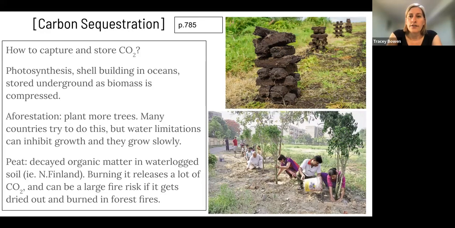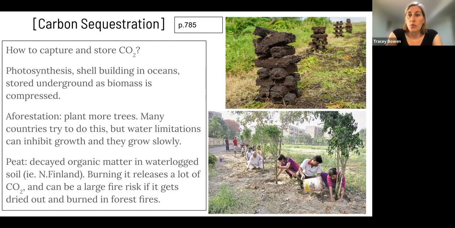And if it gets dried out in those swampy areas where it's being harvested, then the forest fire risk can be very high. And if a fire gets into the underground peat system, it can burn underground for years and years and years. And this has actually happened in Indonesia.